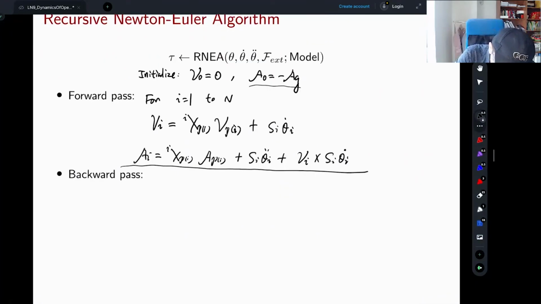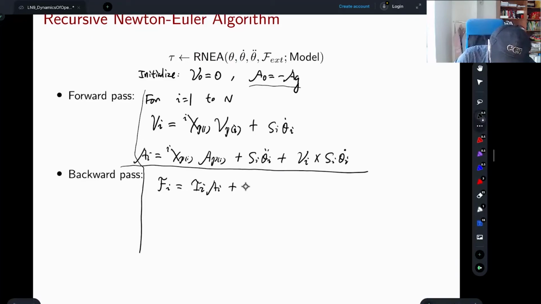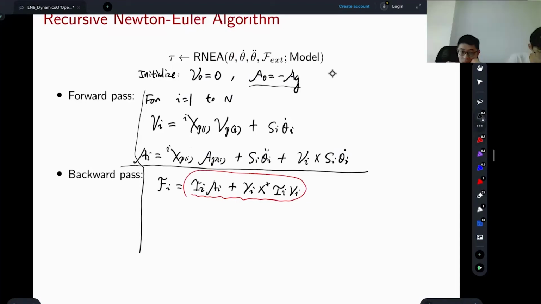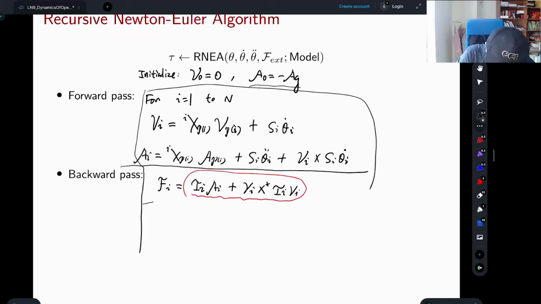Also in the forward pass, we do a little bit about force to prepare for the backward pass. So that's Fi equal to Ii Ai plus Vi cross, that's the force cross, most force vector cross, Ii Vi. What does this mean? This part, let me draw some box here. That's my forward pass. Let's erase this.